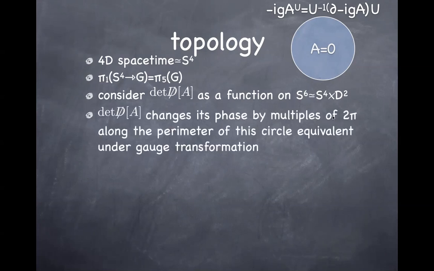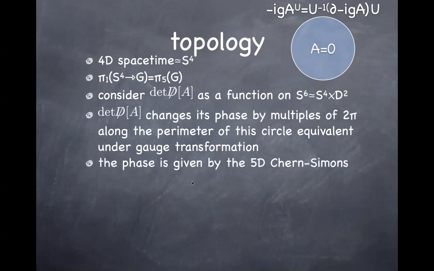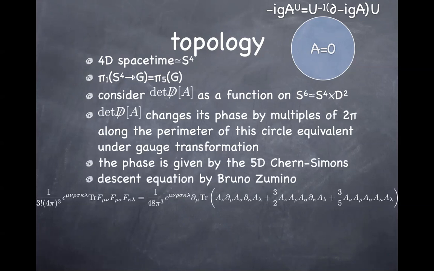And the way you see it is that what you start with is the Chern character in 6 dimensions, because we're talking about 4-dimensional space-time and these two parameters. And that is supposed to integrate to 1, or an integer in general. And you rewrite this Chern character in terms of the divergence of Chern-Simons, so that this Chern-Simons now lives on the boundary, which is nothing but this loop.